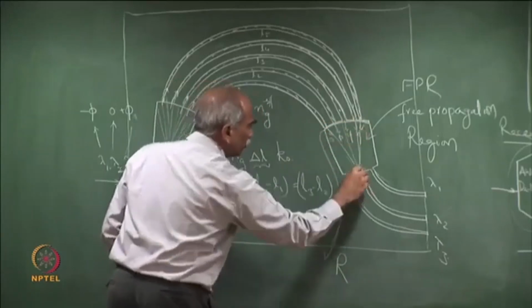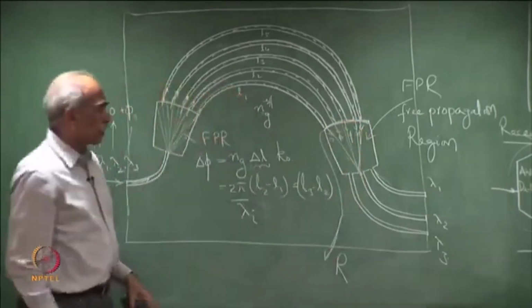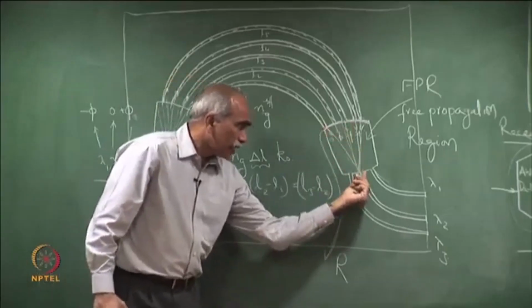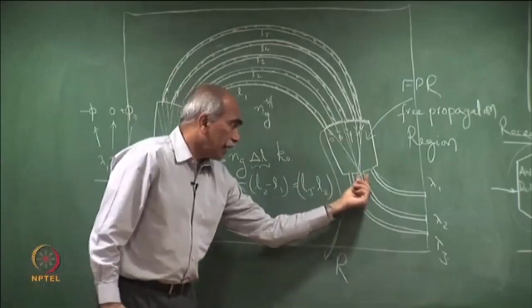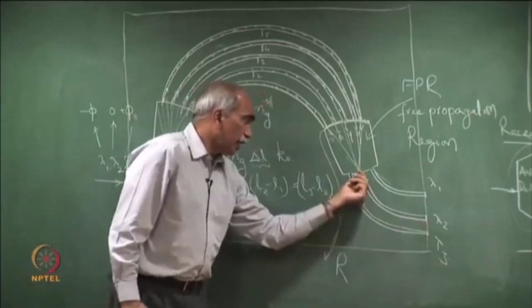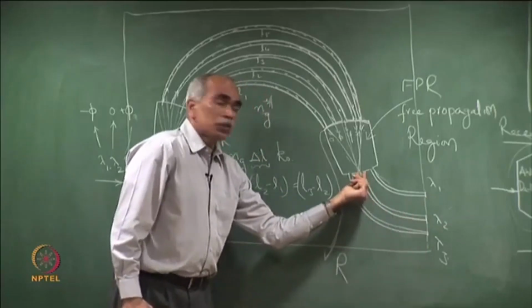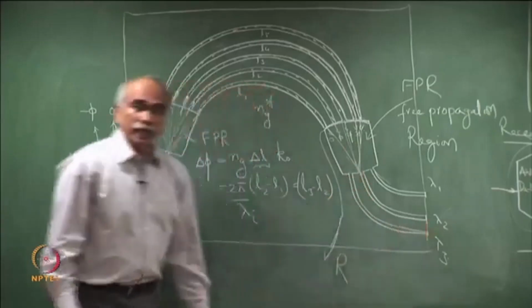So, all the light which is coming from here is in phase, and therefore, when they diffract, they focus at one particular wavelength, one particular spatial point, and this waveguide is located at that spatial point, which means that particular wavelength will come through this waveguide.